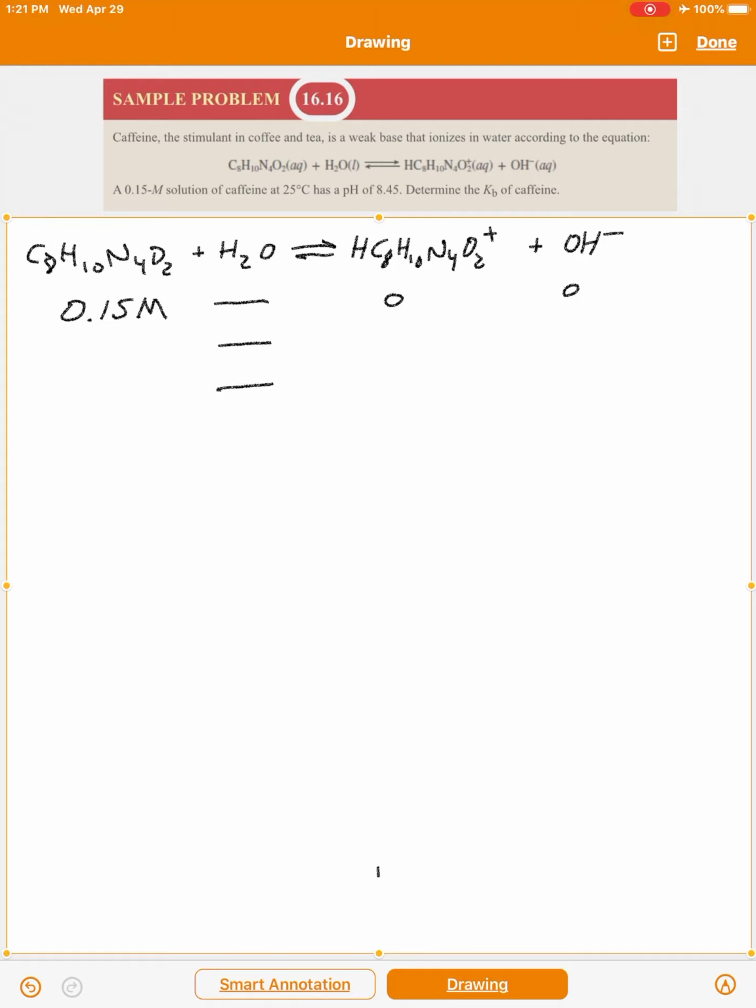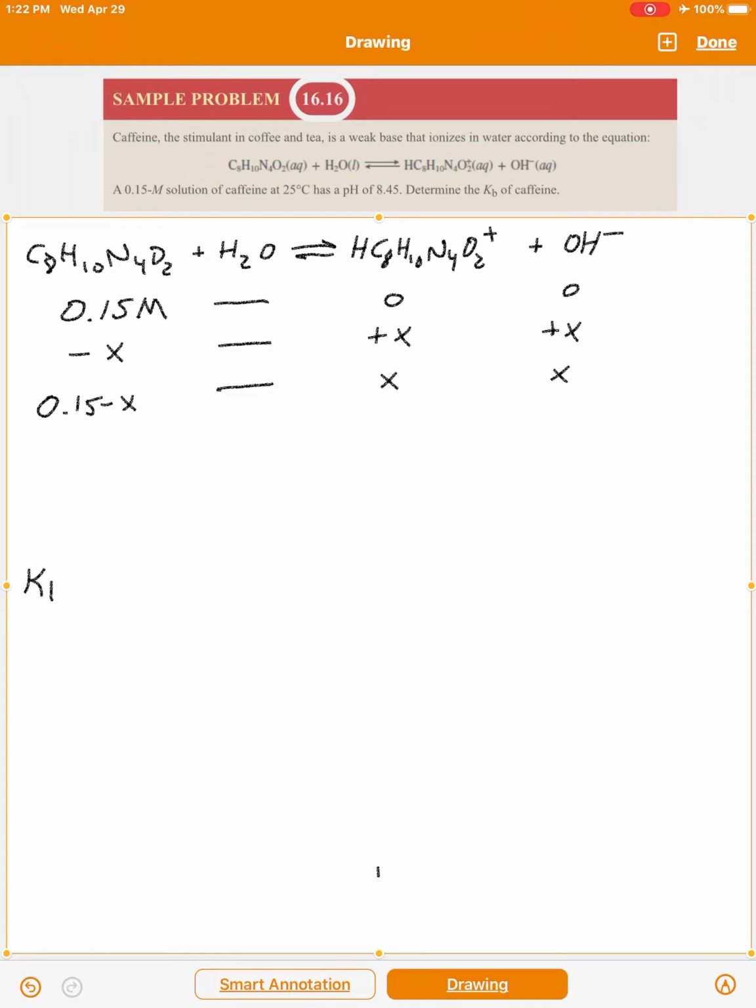The products are 0, so this would be minus x and these would be plus x. So this one would be 0.15 minus x, this would be 0 plus x, and this would be 0 plus x.